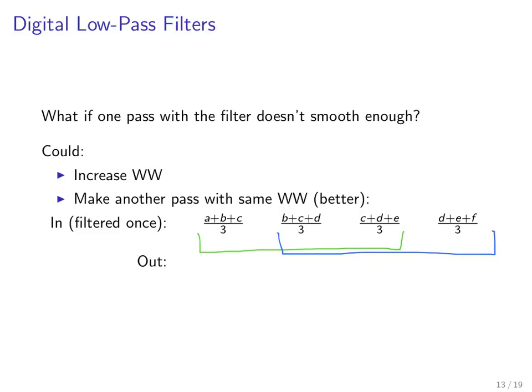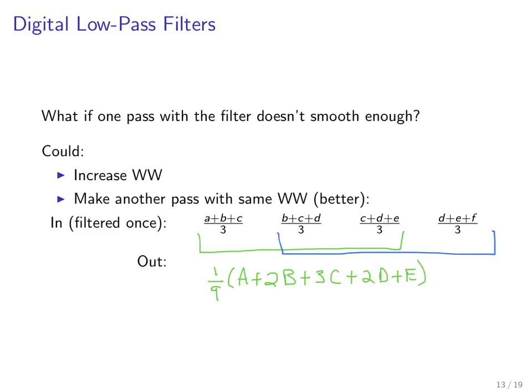Okay, so that would essentially look like this. The first sample, if you work out the weights, you would get 1/9 times (A plus 2 times B plus 3 times C plus 2 times D plus E).